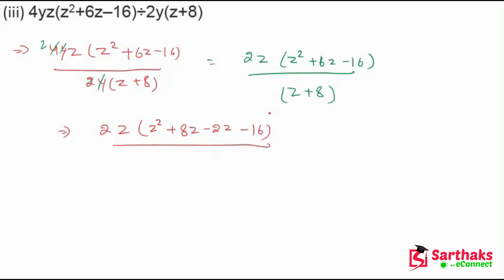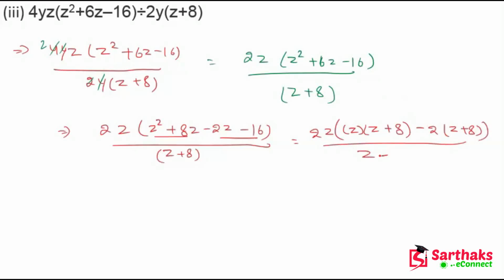In the denominator we have z plus 8. So 2z into, we take z as a common from these 2 terms, this becomes z into z plus 8, and from these 2 terms we can take minus 2, so here we get z plus 8.